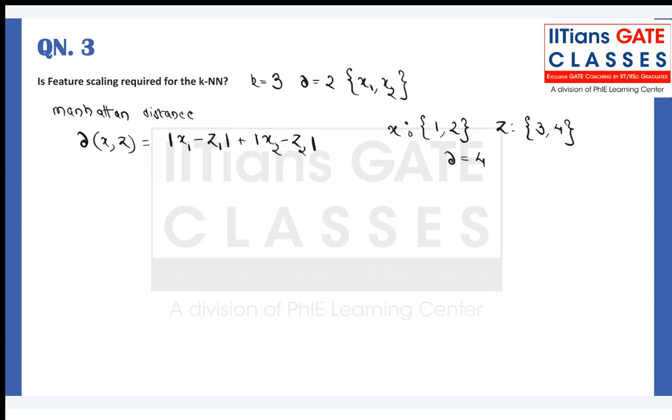Let's say that my value of x is 1 comma 1000 and the value of z is 2 comma 10,000. What is the Manhattan distance for this data point? What is D for this? 2 minus 1 plus 10,000 minus 1,000, which is 9,001.